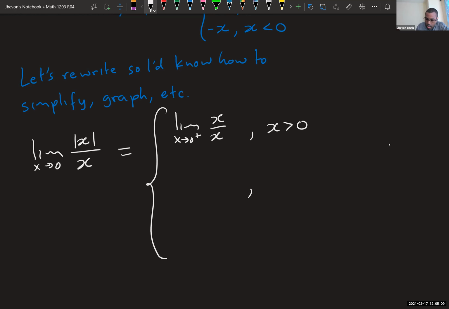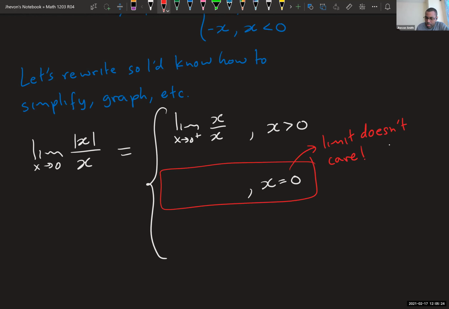Now here, you can say, what if x is 0? But at this point, you would stop yourself and you'd be like, limit doesn't care about being at 0. Okay, remember that was a thing with limit. We only care about getting close. So even if you could calculate it, doesn't actually matter.